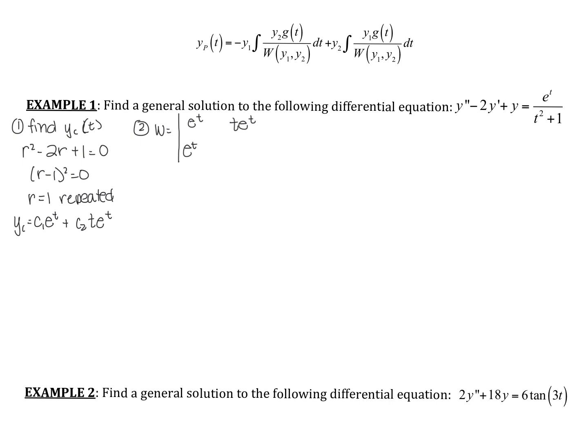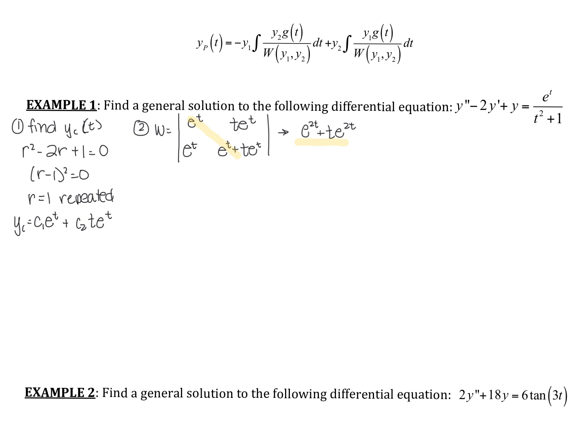So e to the t, product rule would be e to the t plus te to the t. And I know that this determinant would be, let's multiply, e to the 2t plus te to the 2t. That would be me multiplying these first two together, that diagonal together.